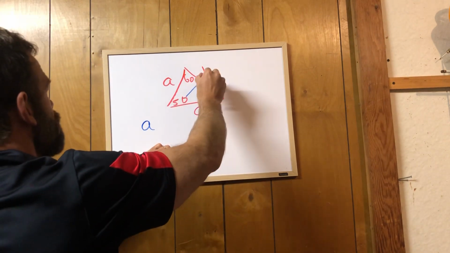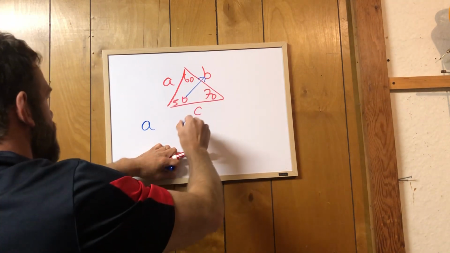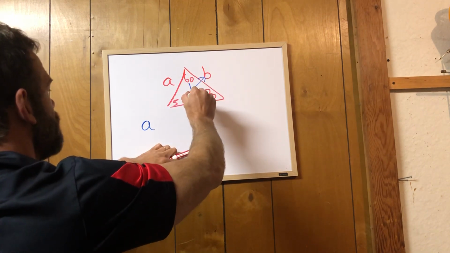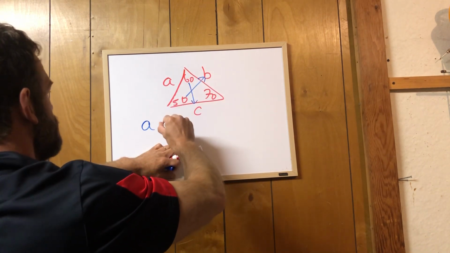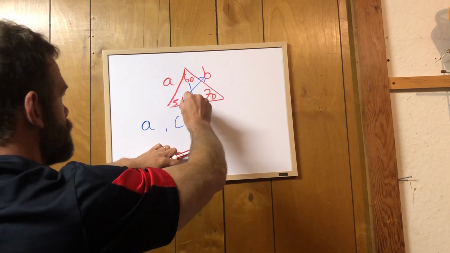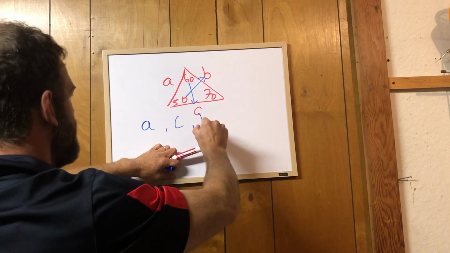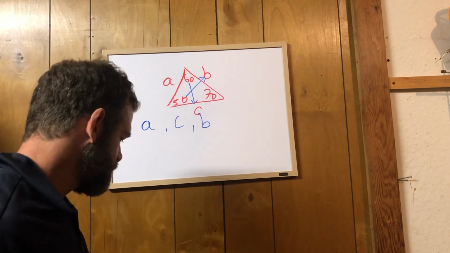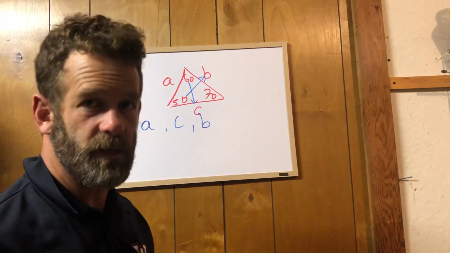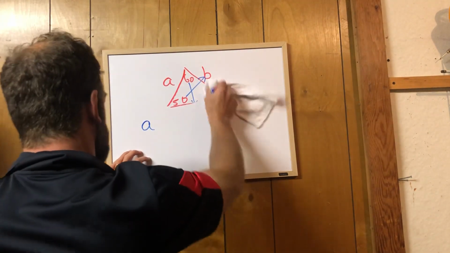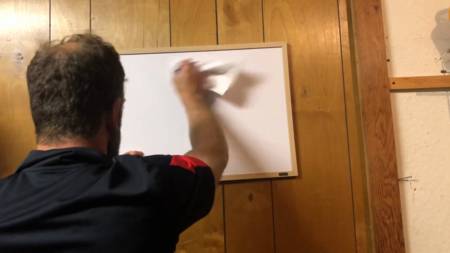That's the side across from the smallest angle. So this is your biggest side, 60 degrees is your second biggest angle, so C is your second biggest side, and 50 degrees is your smallest angle, so B would be the smallest side. And I tell you in your notes, the side across from your largest angle is your largest side, vice versa. The side across from your smallest angle is your smallest side.